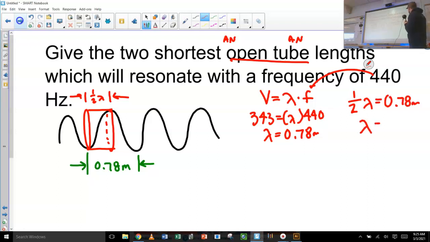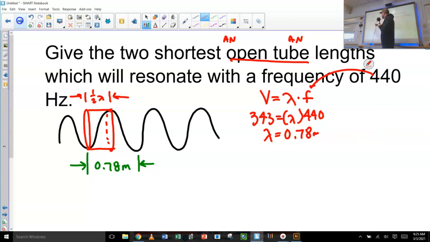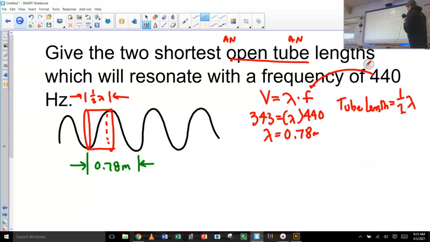So that means, half my tube, let me say it this way. My tube length equals half the wavelength. Right? So my tube length is half the wavelength.